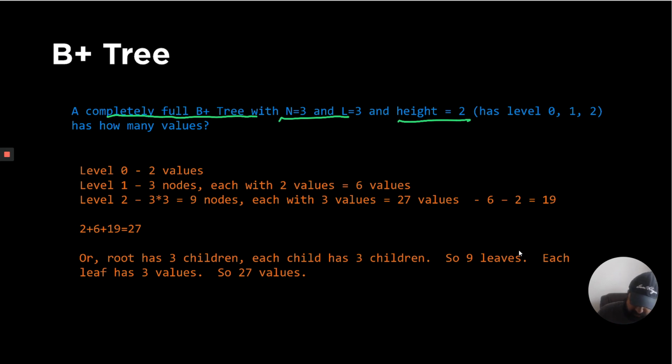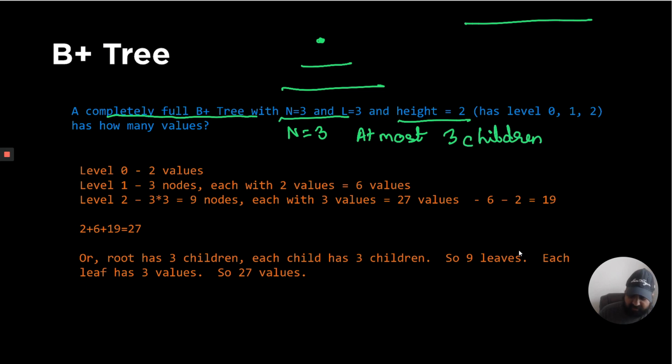So how we can solve this problem is we know there are three levels in this tree: you have the leaves, then some level 1, and then there's some root element. Now, since n is equal to 3, it's a 3-ary tree, which means it can have at most 3 children.